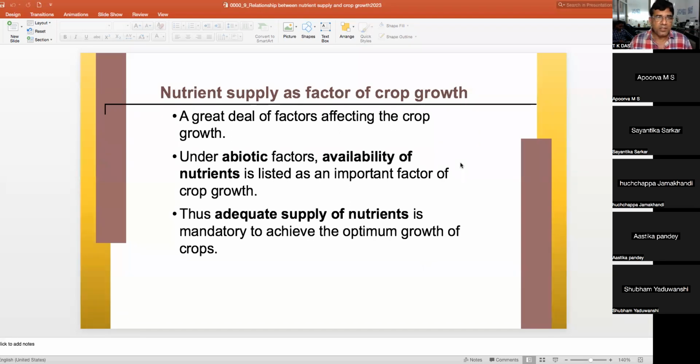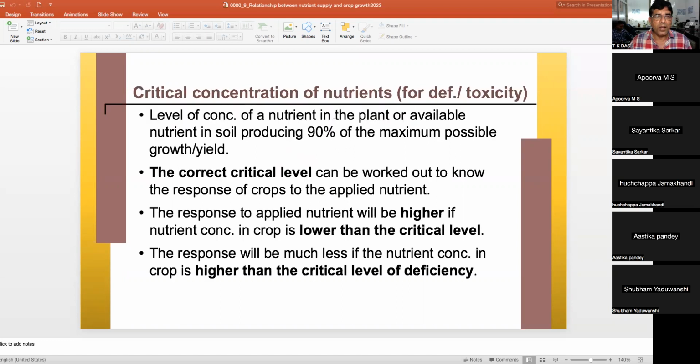You have seen in the last slide that nutrients are a factor of growth. Thus, adequate supply of nutrients is necessary for optimal growth, and balanced supply is also important. If your supply is not balanced, then crop growth will be affected. So therefore, we have the law of minimum also. We'll try to know that.